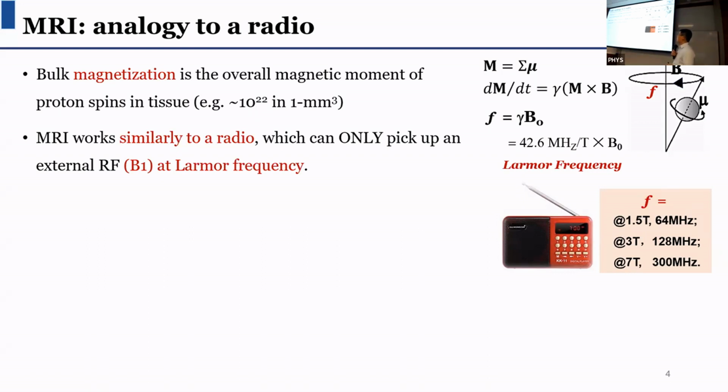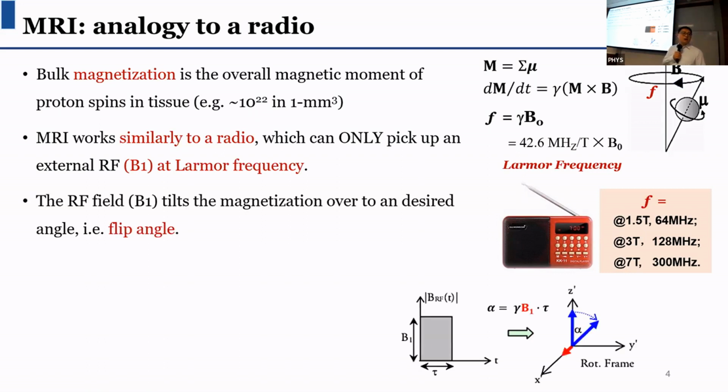Our MR scanner will only pick up the particular information from this B1 field, which runs at the Larmor frequency. This B1 field will tilt our magnetization to some angle which you can control. It's very nice. You can control it from the amplitude of this radio frequency field and also the time duration. Then you will get the desired angle you want, for example 90 degrees or 180 degrees.